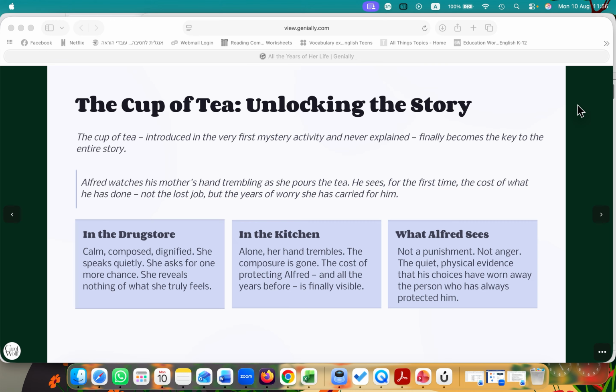Make sure your class sees what Alfred sees. Not punishment, not anger, quiet, physical proof of what his choices have cost her.